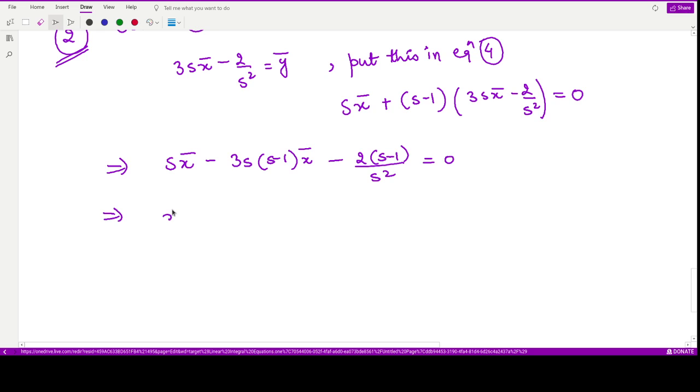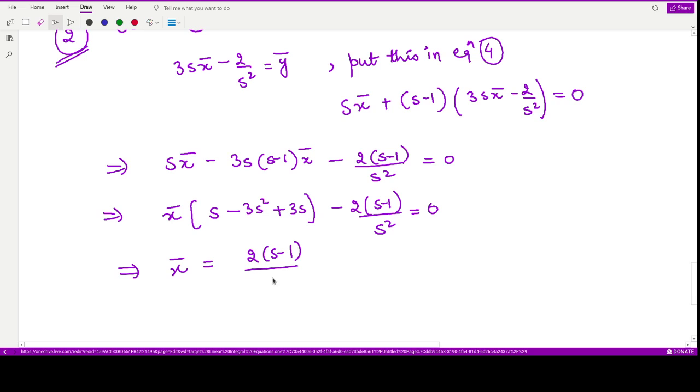Or you can write this as x bar (s minus 3s square plus 3s minus 2s minus 1 s square) is equal to 0. Or from here you have (2s minus 1) divided by s square into the factor, this one, (s minus 3s square plus 3s). So from here you obtain the value of x bar.